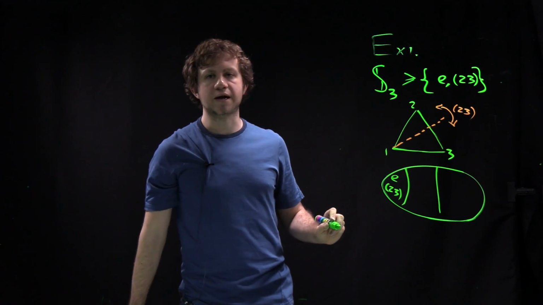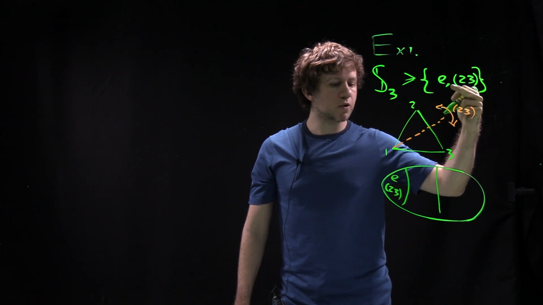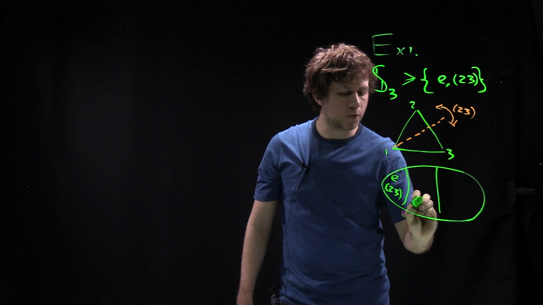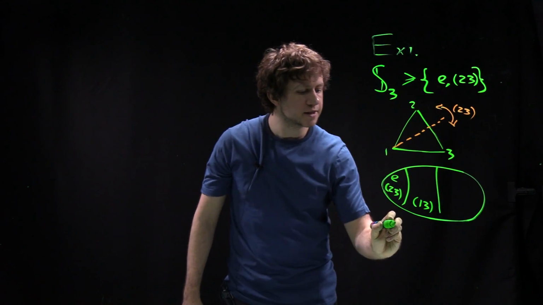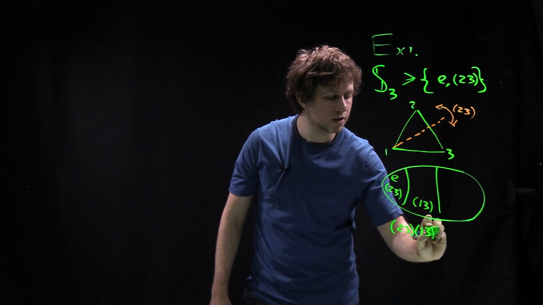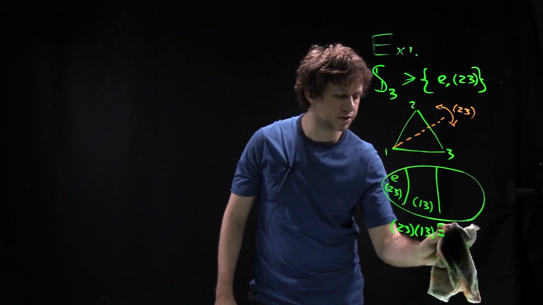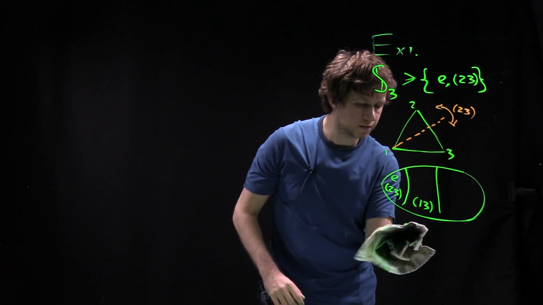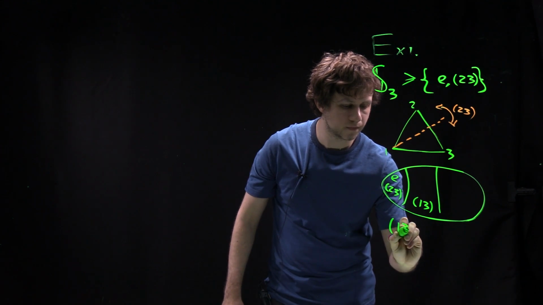And I'm looking at left cosets here. Next, I can see what happens if I take, for instance, an element, let's say (1 3). I need to multiply it by identity, and I need to multiply it by (2 3). Oh, sorry, I said on the other side. I take (1 3) times (2 3).